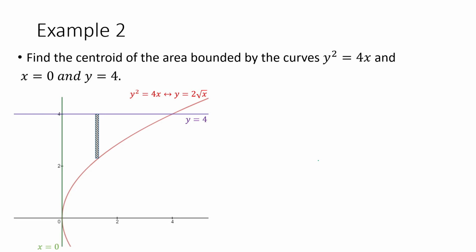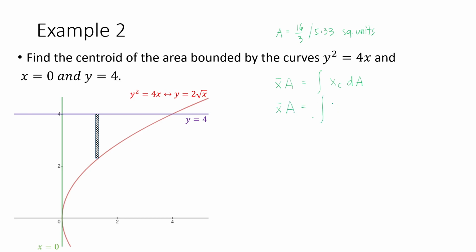Okay, so next is bar x. So again, the area is equal to 16 over 3 or 5.33 square units. Okay, so bar x times the area is equal to x sub c times the differential area.